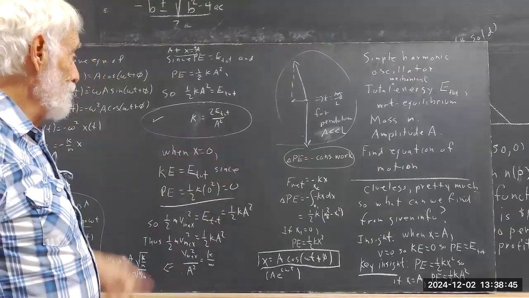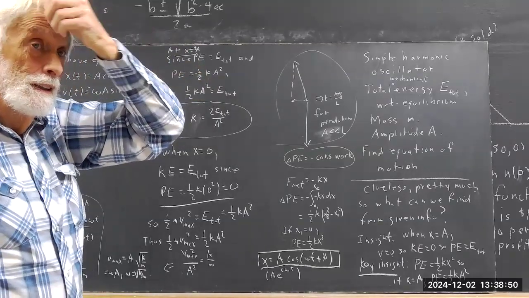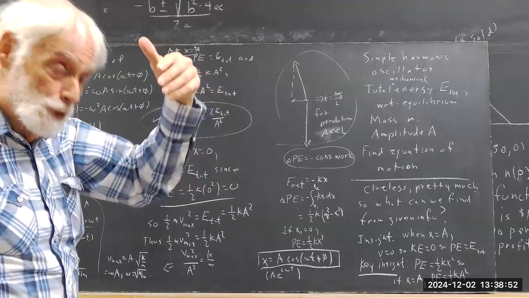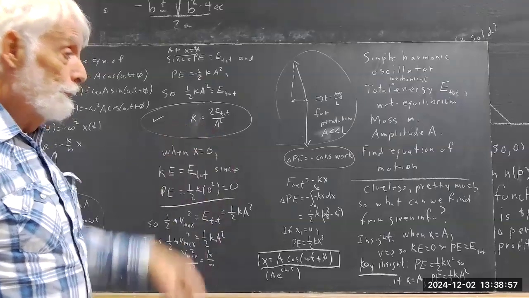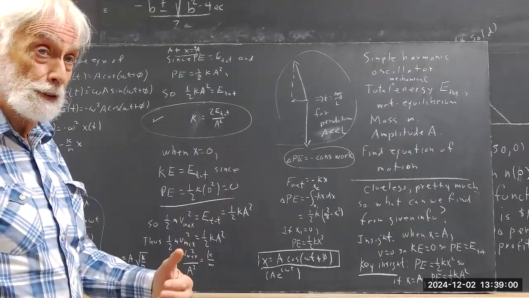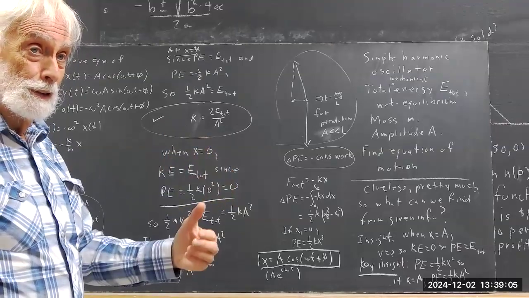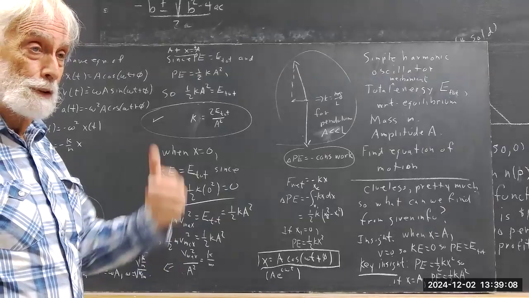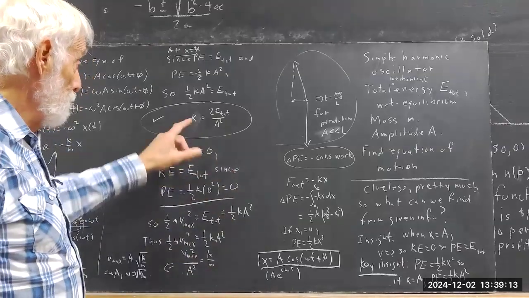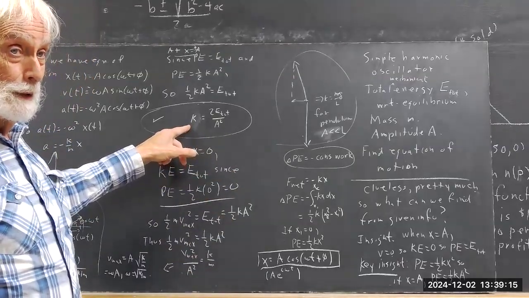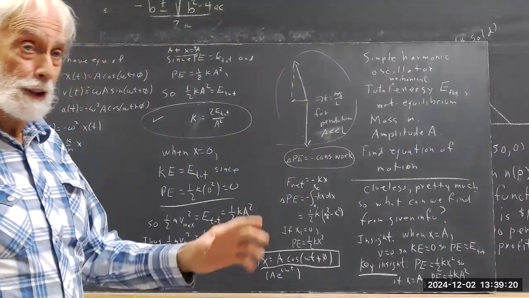Now, is that dimensionally consistent? Well, think of the dimensions: energy is kilogram meters squared per second squared. If you divide that by meters squared, you get kilograms over second squared, which is kilogram meters per second squared over meters, which is newtons over meters, which is what the units of K are. K is in newtons per meter in SI units.